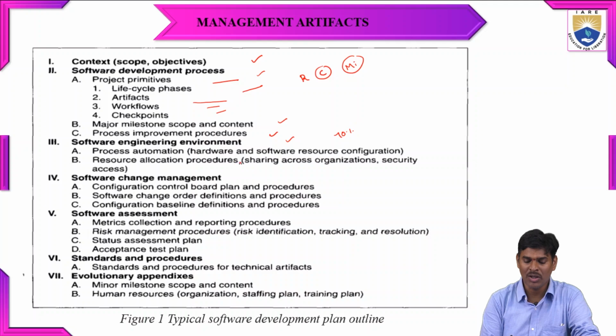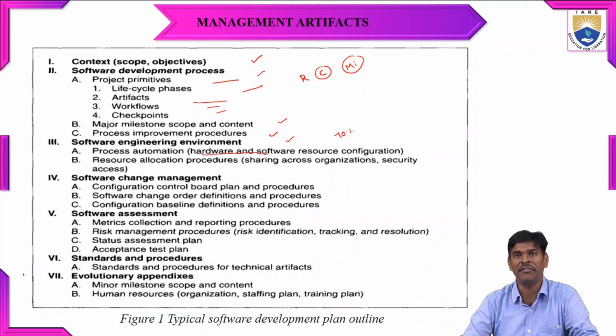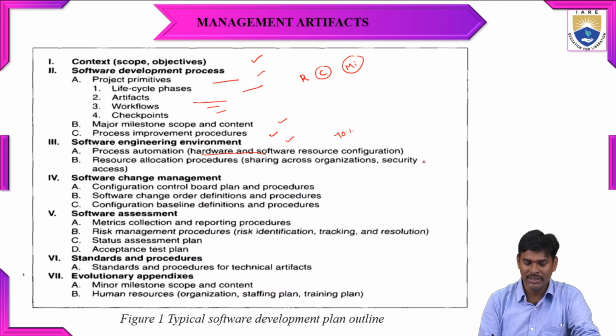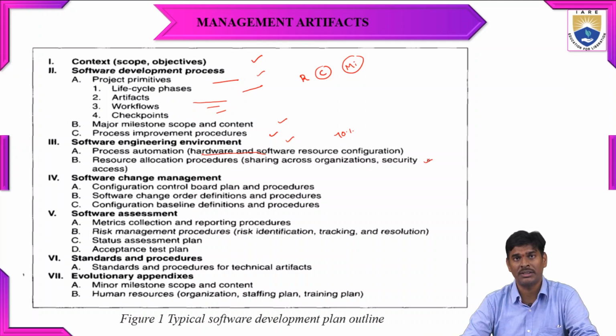In process automation, we have the hardware and software resource configurations. There we need to verify which hardware configurations as well as software resource configurations will affect the automatic process. And they also need to check the resource allocation procedures.